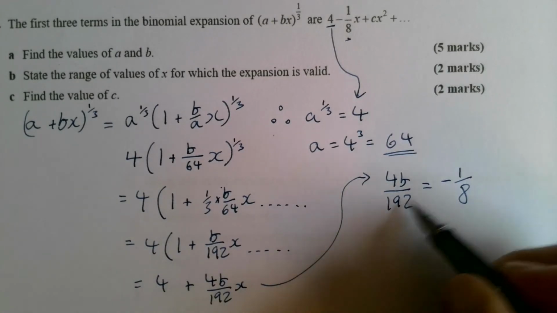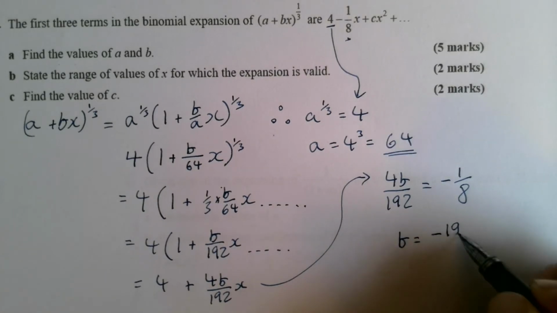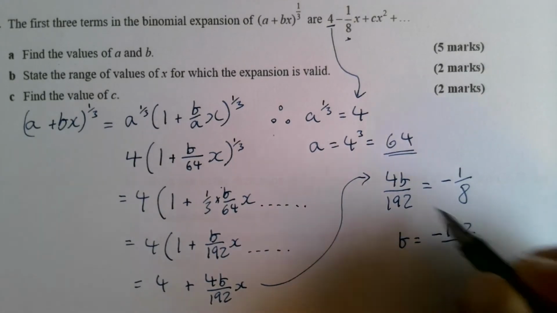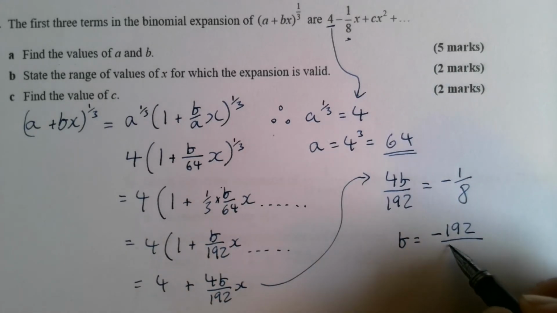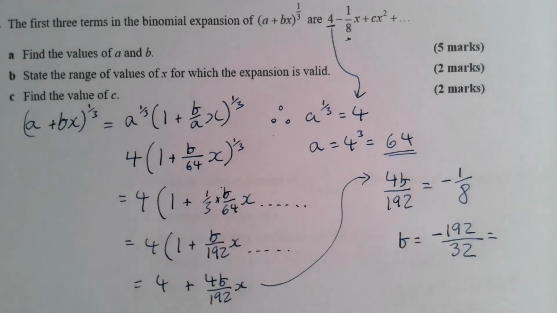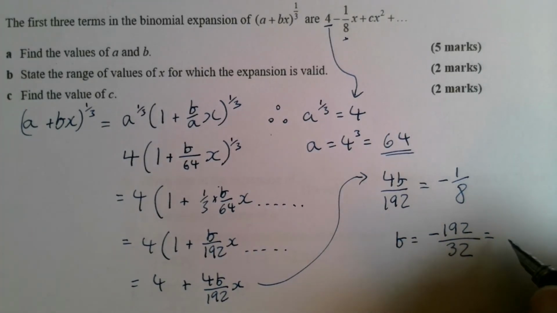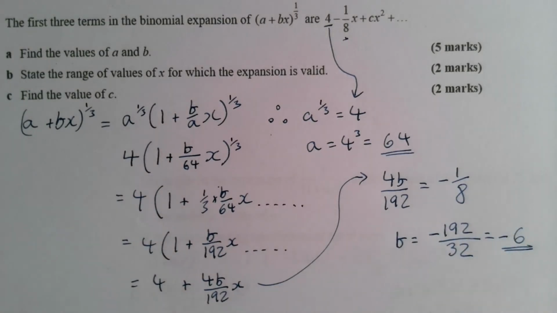And we just need to rearrange here with times by 192 and divide by 4, so we will get b is equal to minus 192 over 8 times 4, which is 32. 32 goes 6 times into 192, so that gives us a value of negative 6 for b.